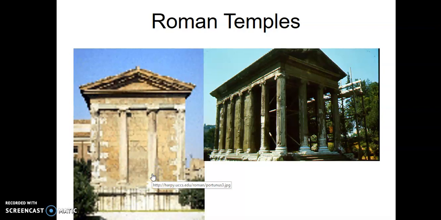Temples. We've got Roman temples. So unlike the Greek temples that have the columns all the way around the outside with the building in the middle, Roman temples had a building in the back half of the structure with this kind of porch structure in front.